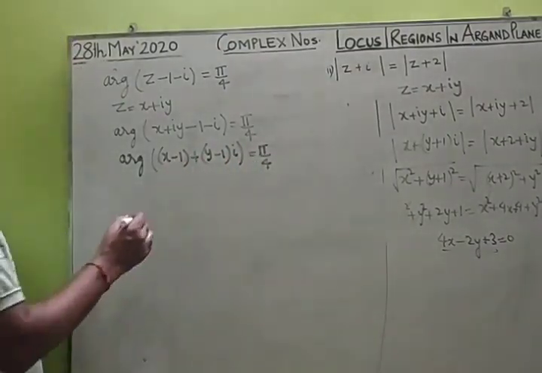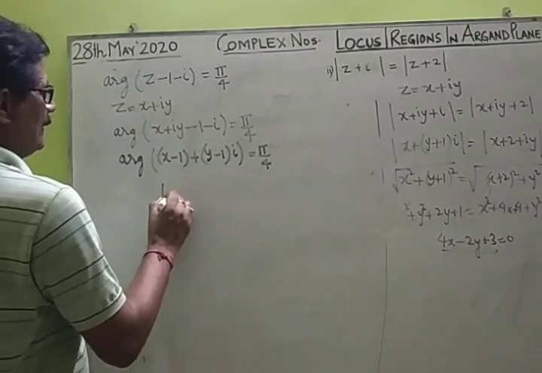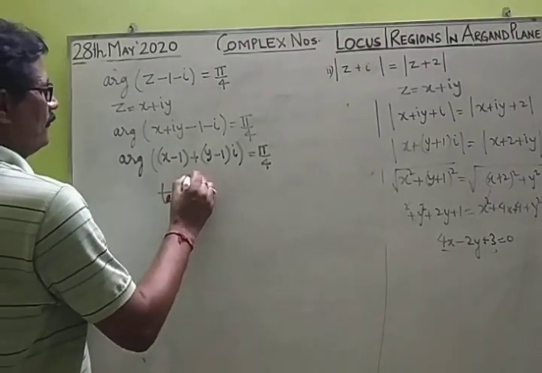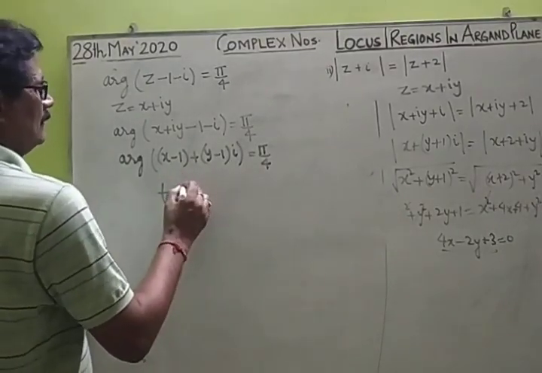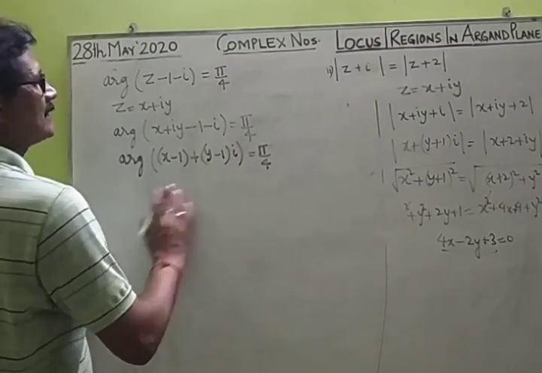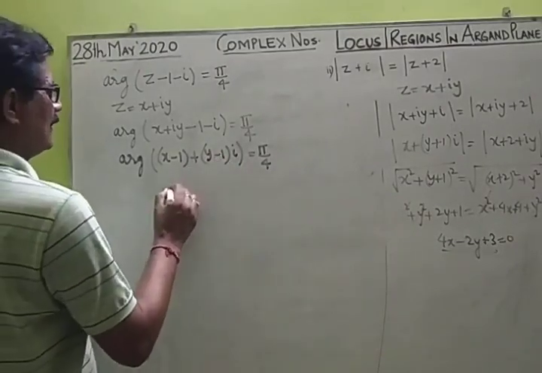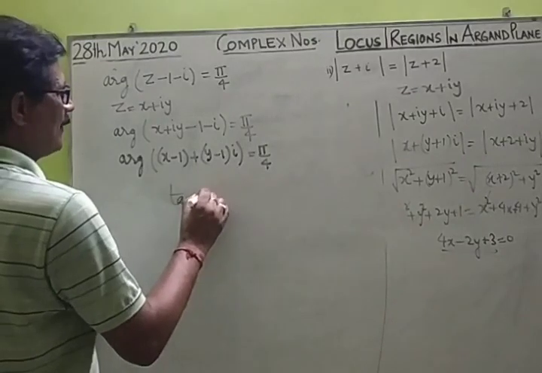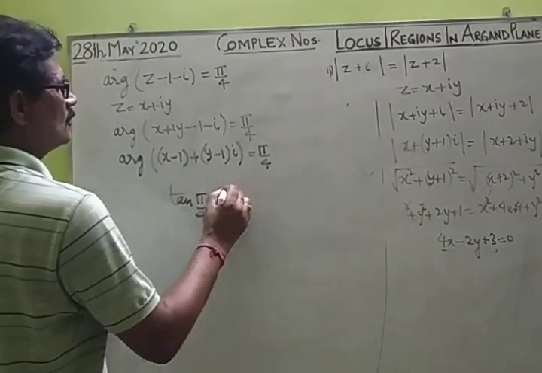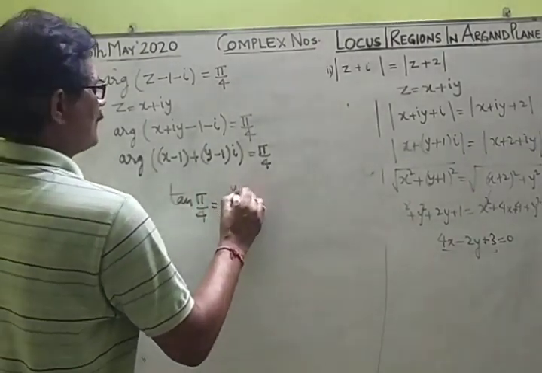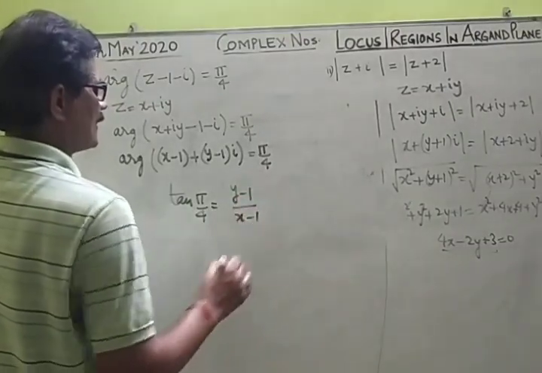Now argument means tan of theta is the imaginary part upon the real part, that is tan of pi by 4 will be equal to the imaginary part y minus 1 upon the real part x minus 1.